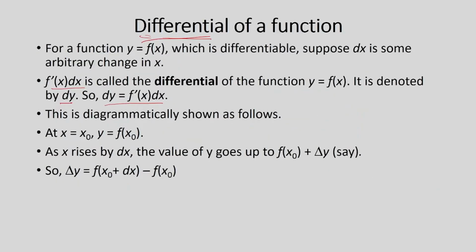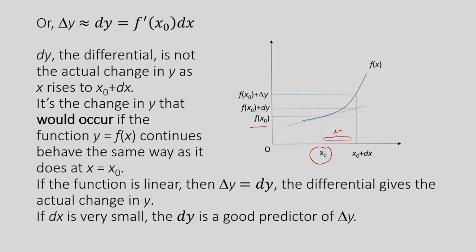As x rises by dx, the value of y goes up to f of x0 plus delta y. So, suppose delta y is the change. So, here you have that value of x, x0 plus dx, corresponding value of y is this value. So, the value of the function has gone up. So, change in the value of y is denoted by delta y.